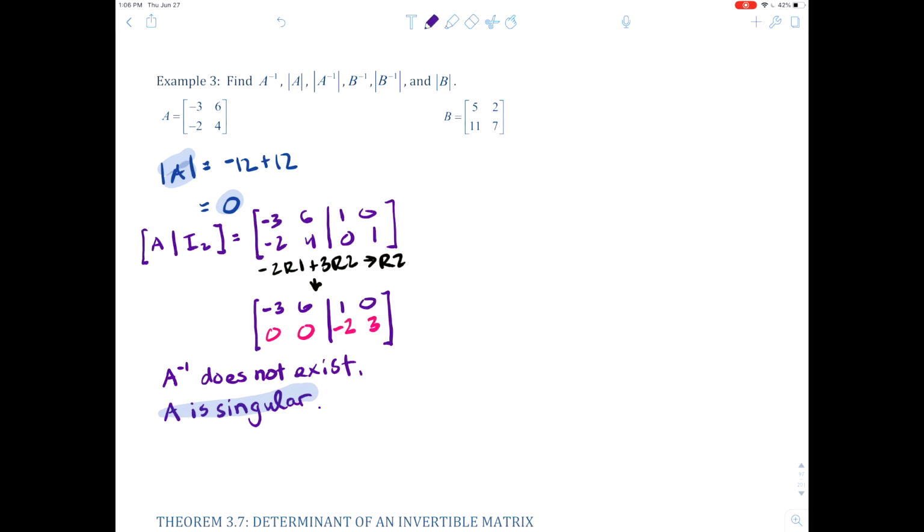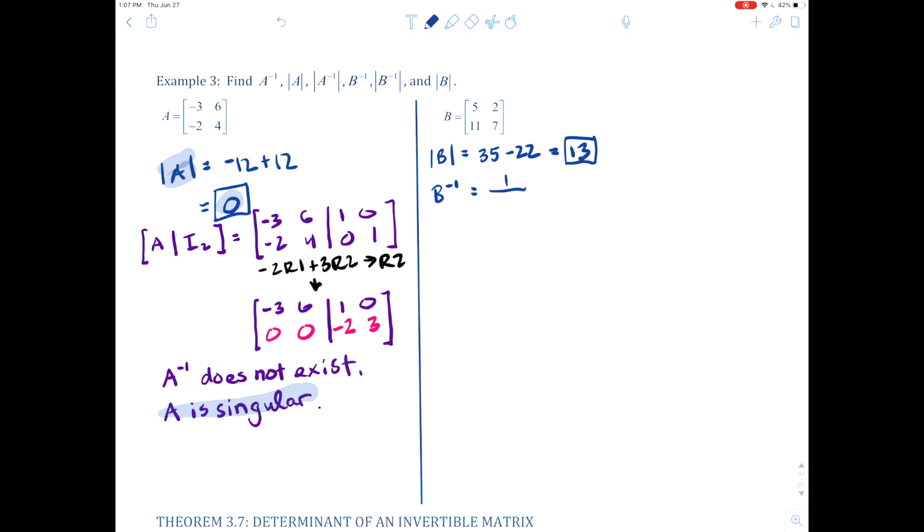All right, so next up, let's take a look at B. Well, the determinant of B is equal to 35 minus 22, and that's going to give us 13. Perfect. All right. Now, how do we find B inverse? Remember that one shortcut way? It would be 1 over the determinant of B, and then what do we do with that matrix? Beautiful.